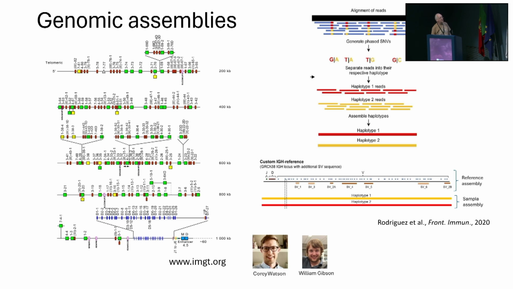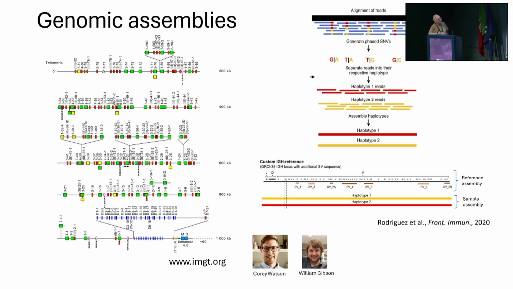And an approach taken in Corey Watson's lab by Oscar Rodriguez and others is to use long-read sequencing, in this case PacBio sequences. So here the sequences in blue are significantly longer than the V genes in red. Probably this isn't to scale, they're actually quite a lot longer. And that enables you to capture not only the variation, the SNVs within the V sequence itself, but also in the surrounding context.